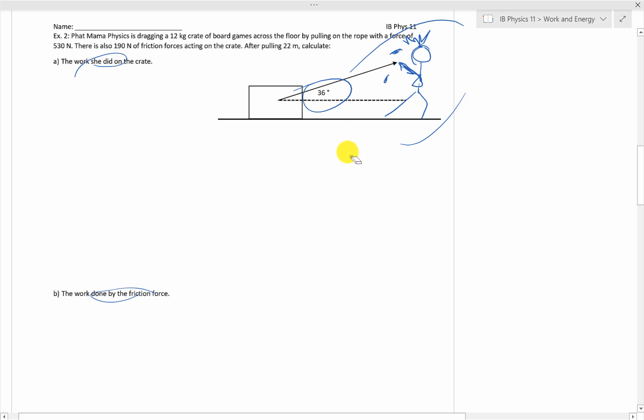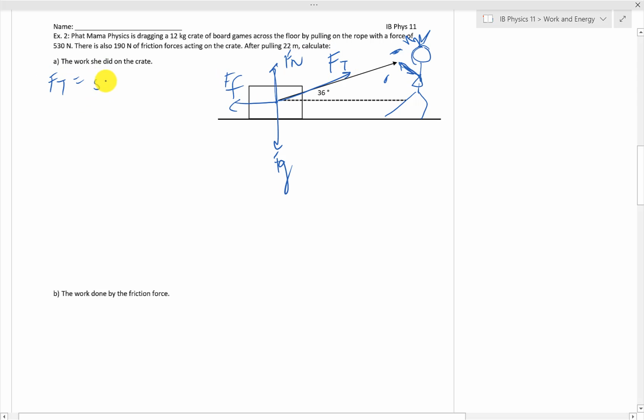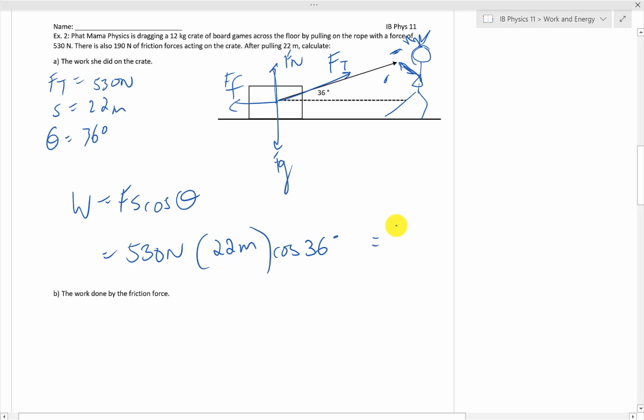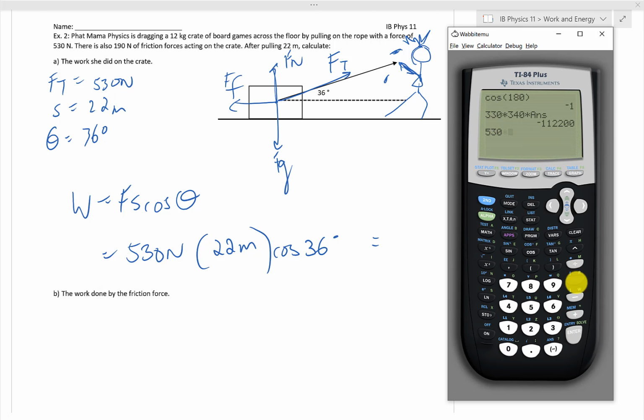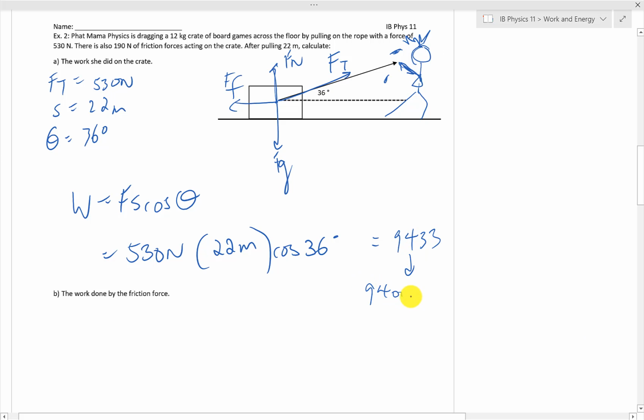Okay, my turn to do the problem. So here we have the tension force directed at an angle 36 degrees above the horizontal, and the friction force directed opposite to the direction of displacement. The force of tension makes a 36-degree angle with the direction of the displacement, hence cosine 36.